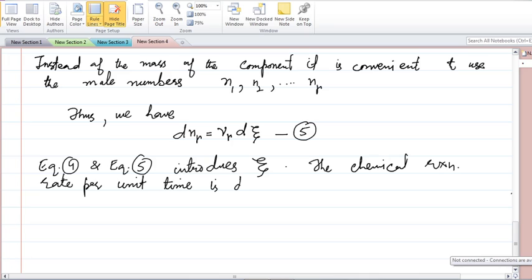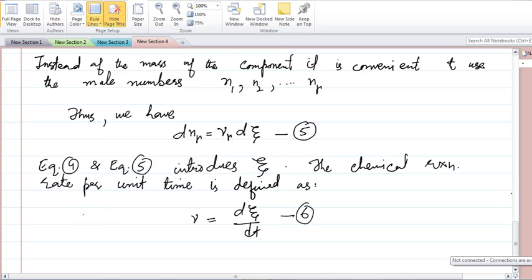So it will be defined as, that means it will be simply equal to, this is not nu gamma, but this is the rate per unit time. Nu, it will be equal to d zeta upon dt. So this is equation number 6.